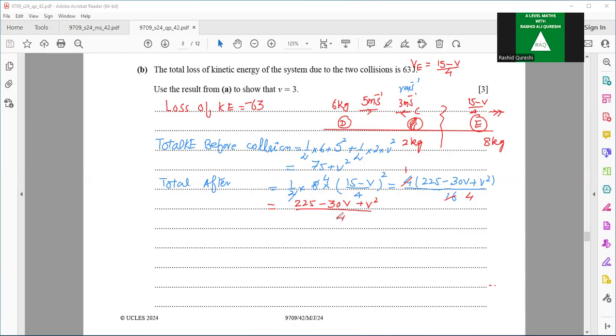Whenever you have to find the change of kinetic energy, the change of kinetic energy will be equal to the final energy minus initial energy. Always write the after the collision energy minus the before the collision energy. So I will have (225 minus 30V plus V square) divided by 4 minus the second one, if I'm not wrong.